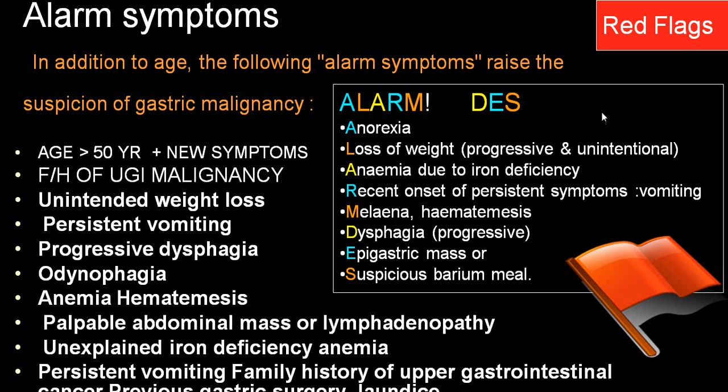Whichever way you want to remember, if you get any one of these symptoms and you are making a diagnosis of functional dyspepsia, it is a red flag sign. Do investigate again and try to rule out the organic cause responsible for those dyspeptic symptoms.